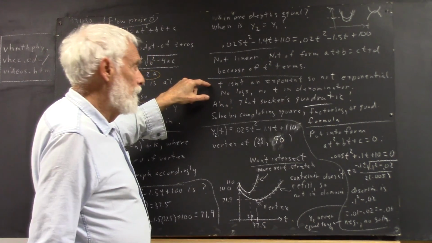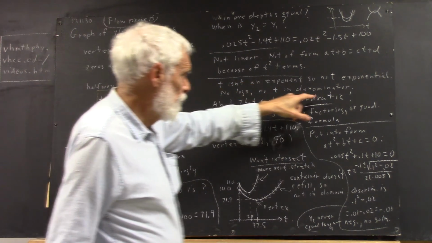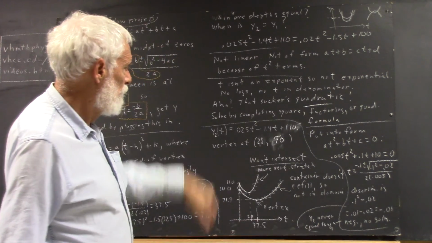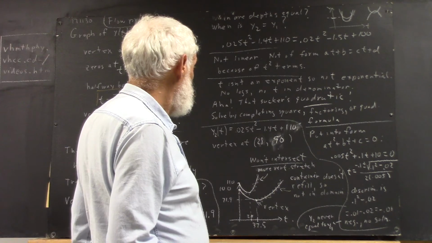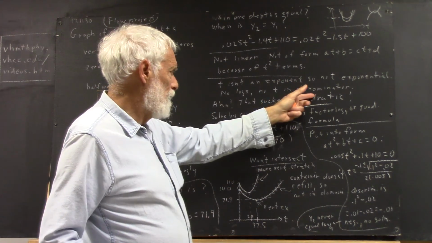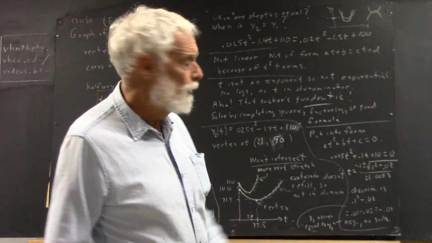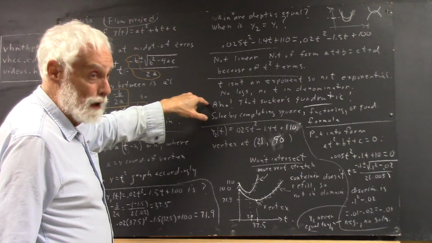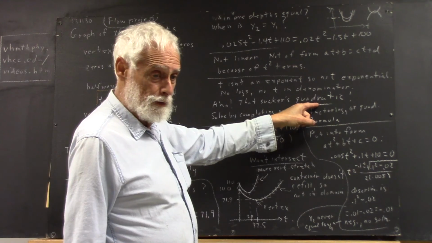Also, t isn't in an exponent, so we don't have an exponential equation. There are no logarithms, and there's no t in the denominator, so it's not rational either. But what is it? Well, it's quadratic.